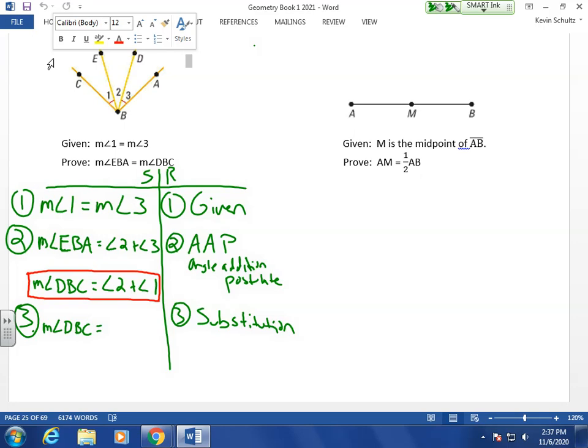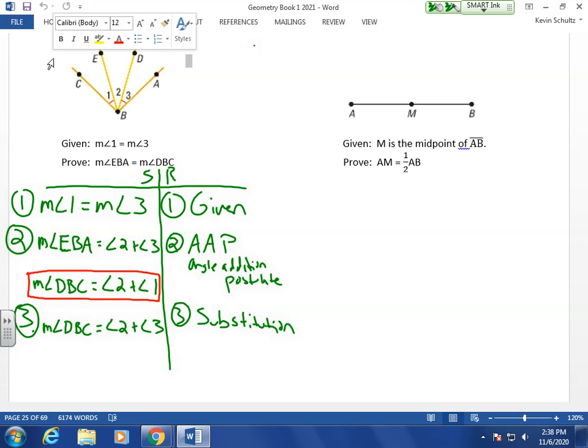Any ideas? Lucas? Never mind. Okay. Audrey? We could replace angle 1 with angle 2. I mean angle 3. Yes. We're going to replace angle 1 with angle 3. We can do that because we were told that angle 1 and angle 3 are equal, right?